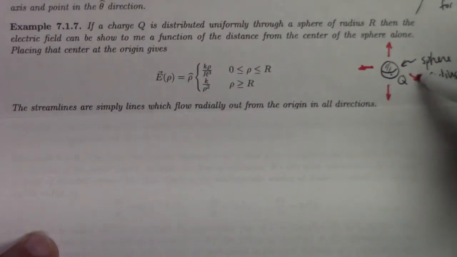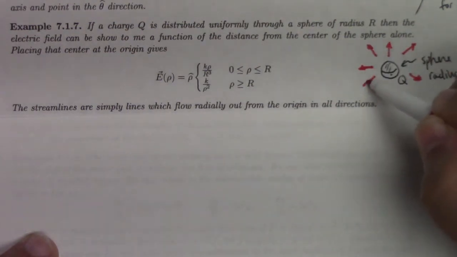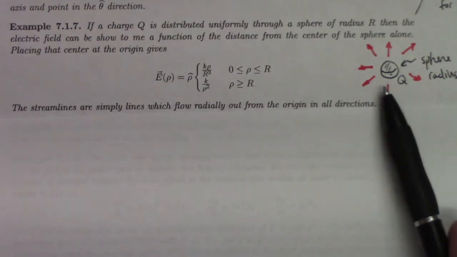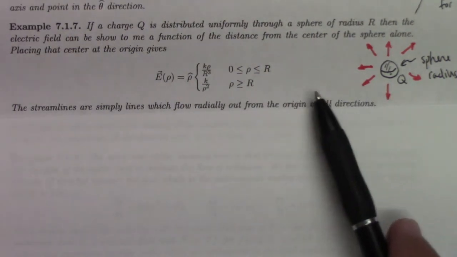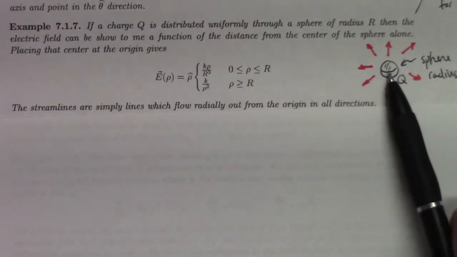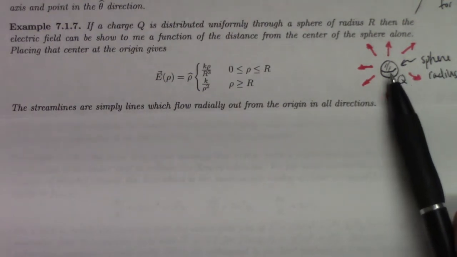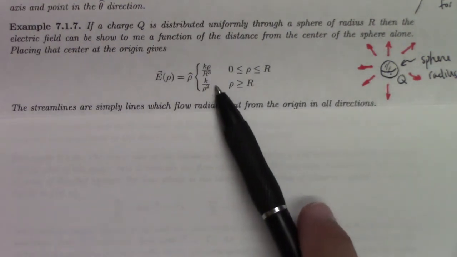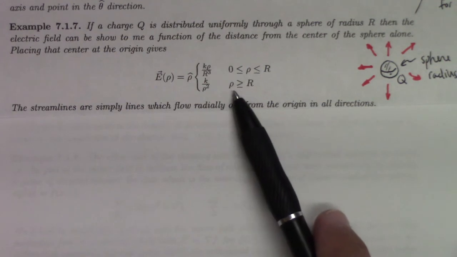This is a three-dimensional picture. I should draw some coming out at you. But we have a formula for that. If we put the charge at the origin, then rho hat is that geometry. It's everywhere spherically outward. And if you study Gauss's law in physics, you'll find out that it's k over rho squared beyond r, and it drops to 0 as you go to the middle. If the charge is uniformly smeared out, then the electric field at the center is 0, and it linearly increases to k over r squared.